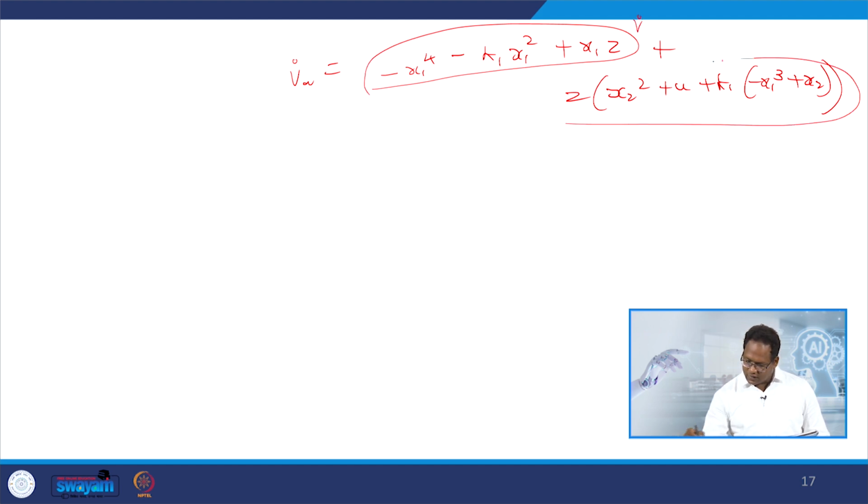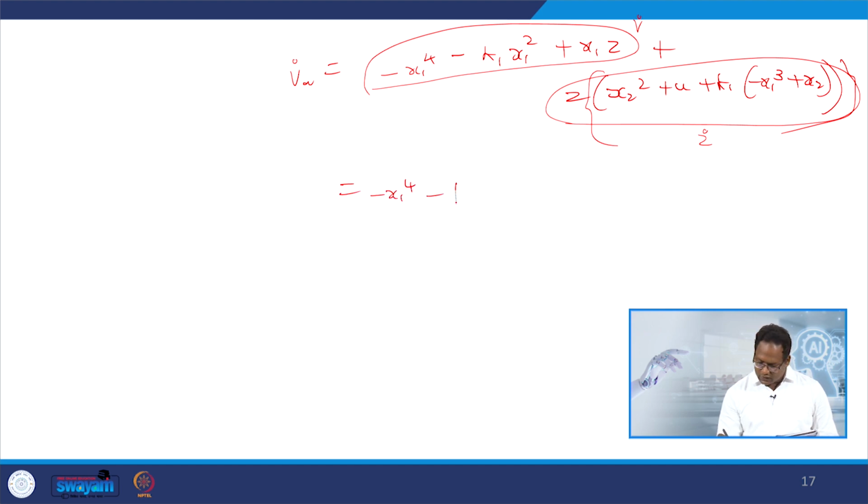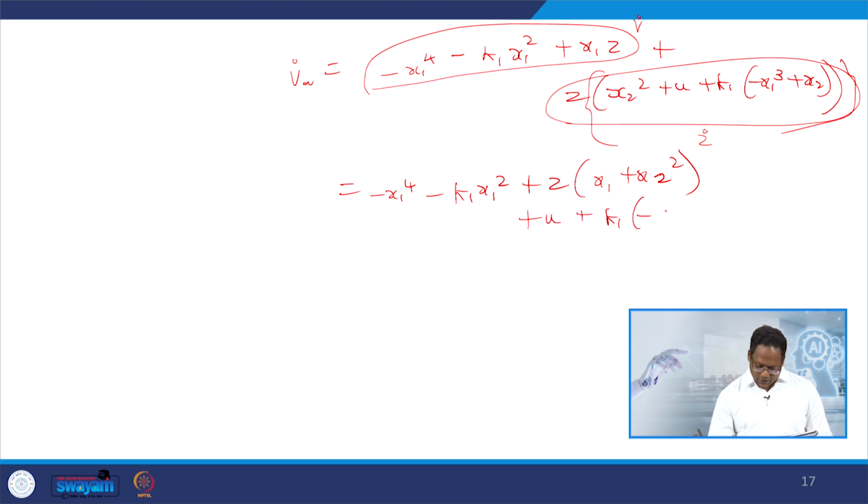Likewise, the second term is the z dot term, not the complete term, but z multiplied by z dot. This can be further written as minus x1 power 4 minus k1 x1 square plus z times x1 plus x2 square plus u plus k1 multiplied by minus x1 cube plus x2.